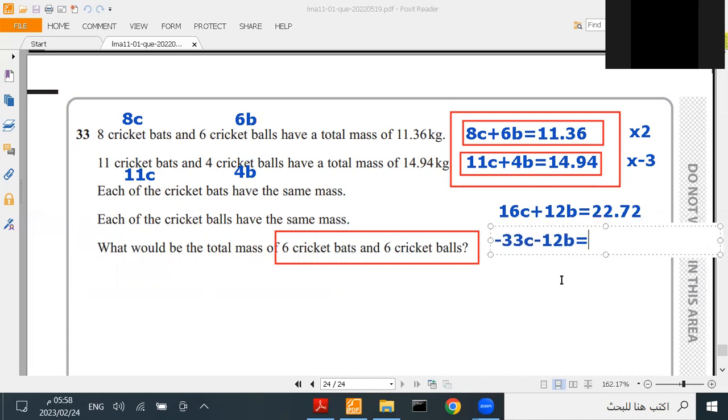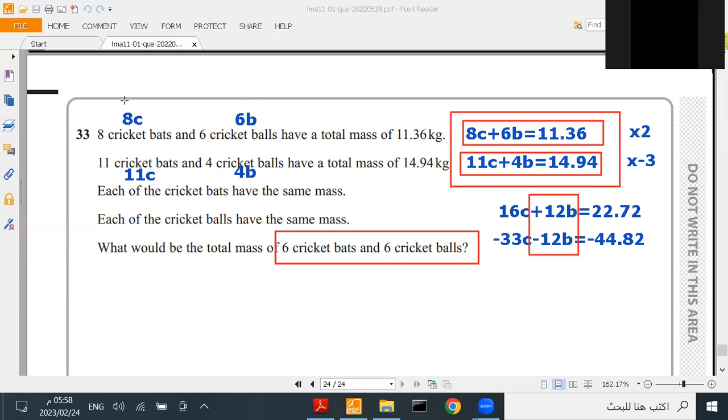Now, the last one here, 14.94, we multiply by negative 3. 14.94 becomes negative 44.82. Now I'm done with multiplying. What do we notice now? The B's have the same value with different signs.